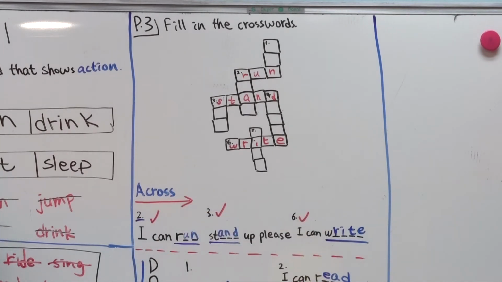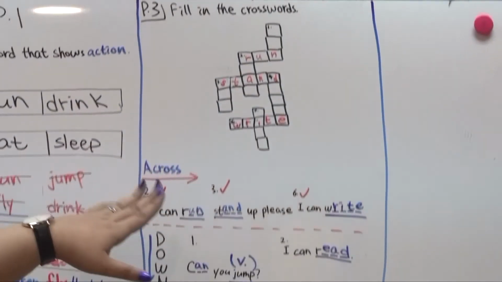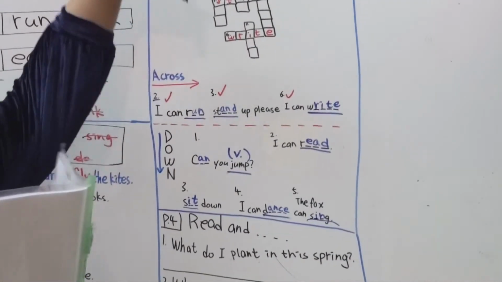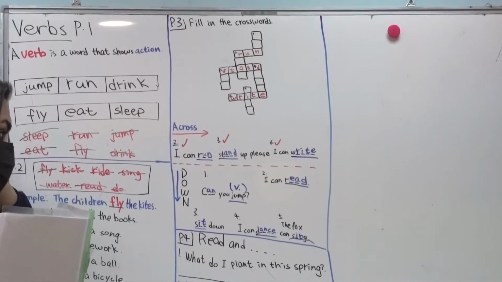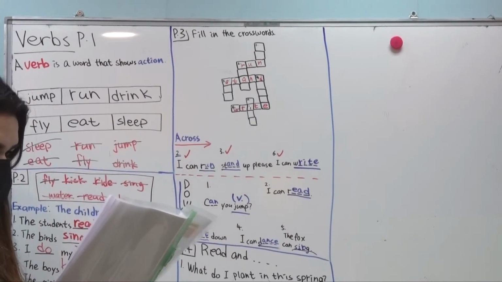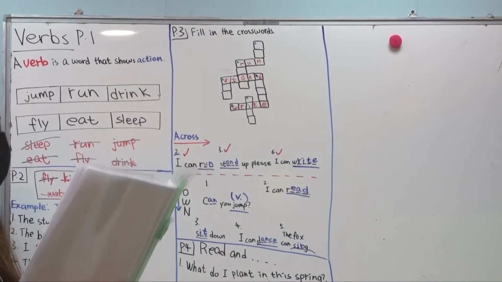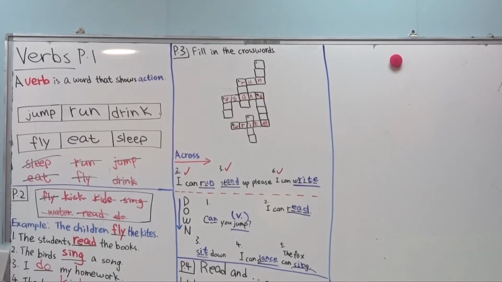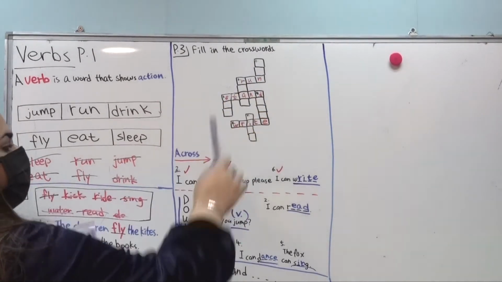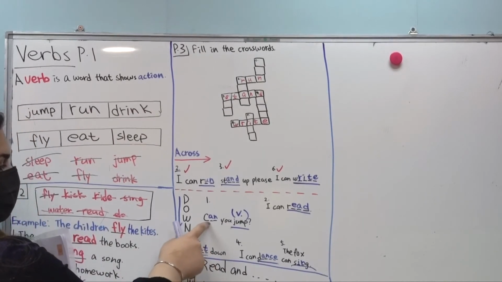Now it's for you to do the section down, okay? Look at each action verb, and then fill in the crossword that goes like this, okay? All right, let me tell you. Number 1, you don't have to fill in the action verb here. You have to fill in the words. You just fill in here, okay?